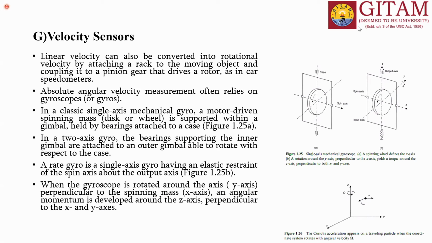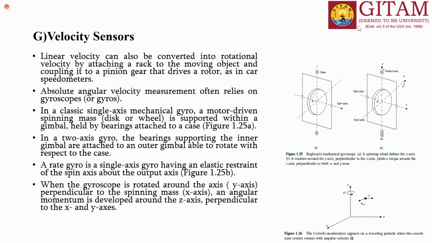Velocity sensors. Linear velocity can also be converted into rotational velocity by attaching a rack to the moving object and coupling it to a pinion gear that drives a rotor, as in car speedometers. Absolute angular velocity measurement often relies on gyroscopes.